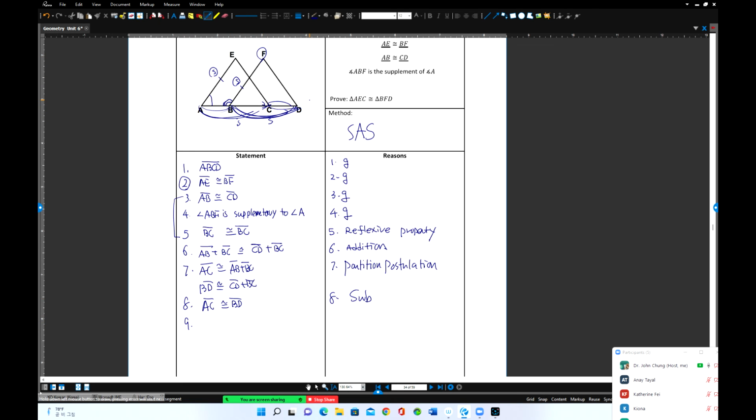FBD, right? Angle FBD is what? Supplementary of angle ABF over here, right? Angle ABF.